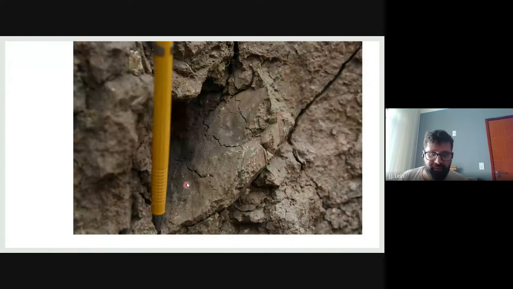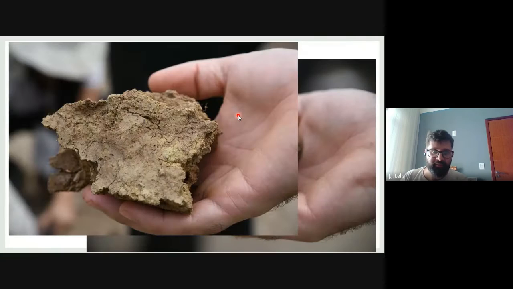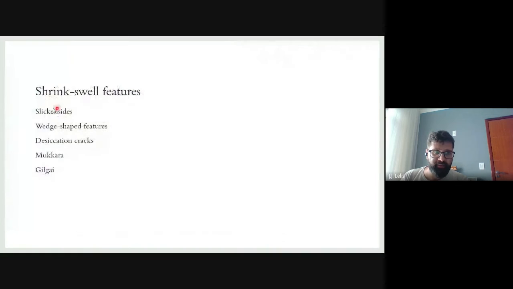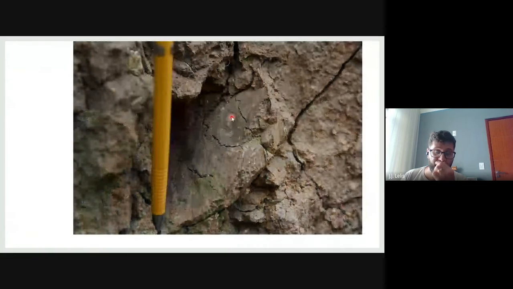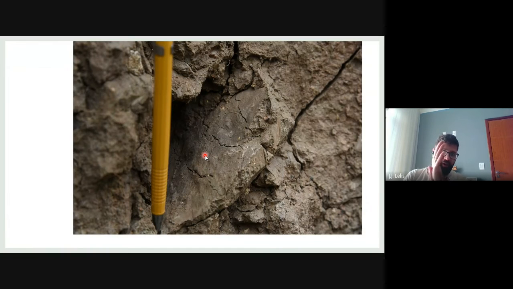Here we can see the slickensides. The slickensides are features formed by the pressure of the material and the movement of the pads against each other.